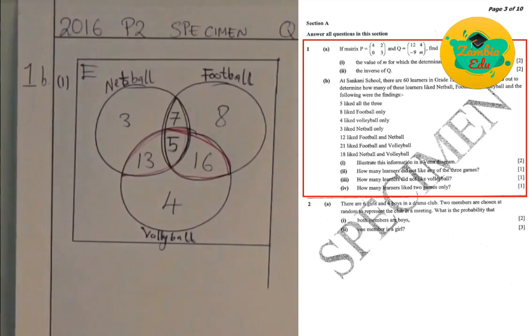So when we count the total number of learners that took part there, the total should be 60. So let's quickly calculate and see if that number we have in the universal set is equivalent to 60.